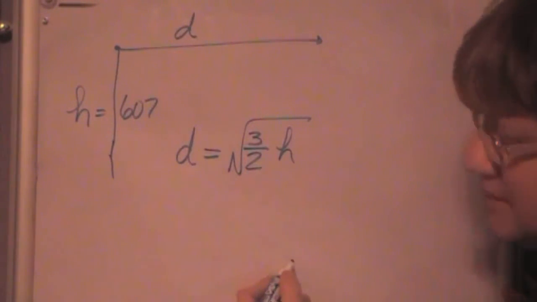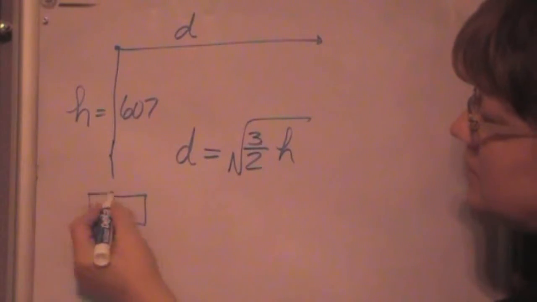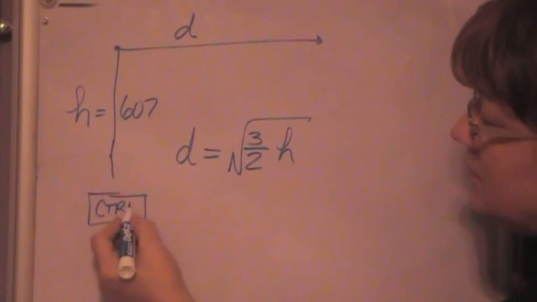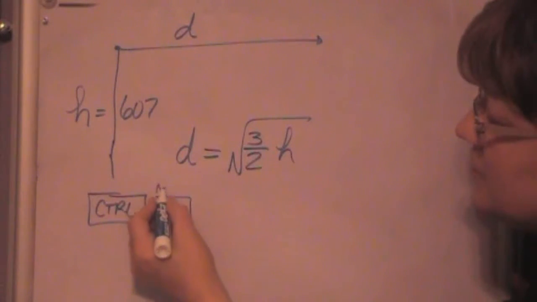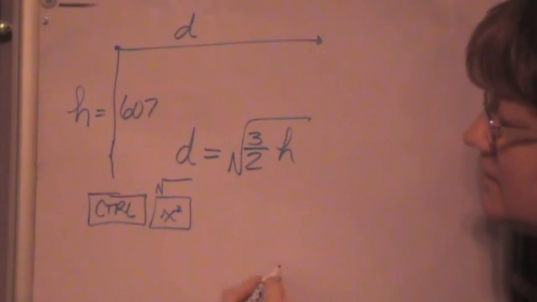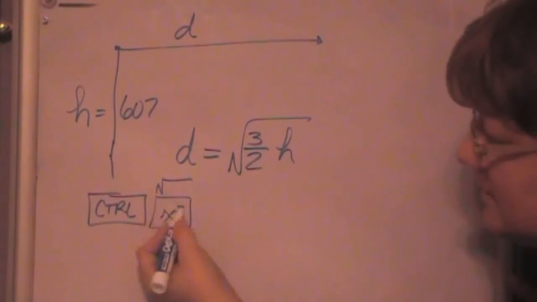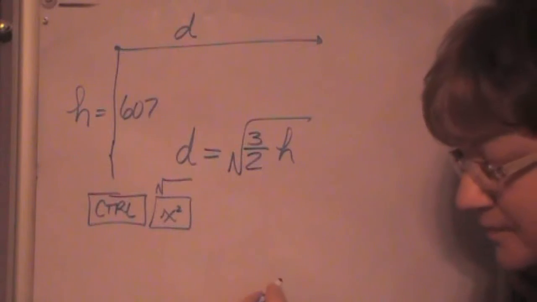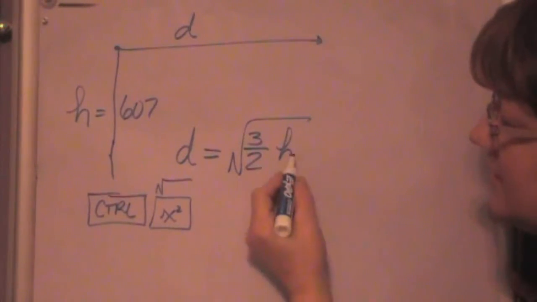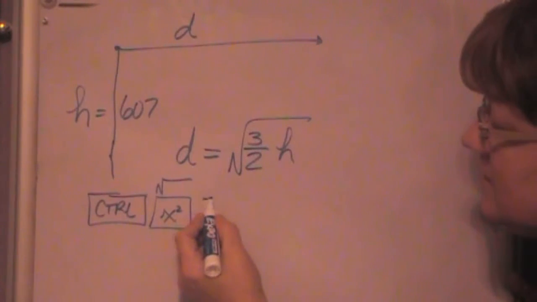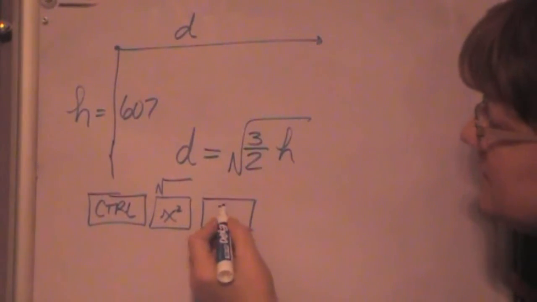How you do this on your calculator is you need to hit the control and your x square button, which has the root sign above it, because the blue control button will give you the second function.